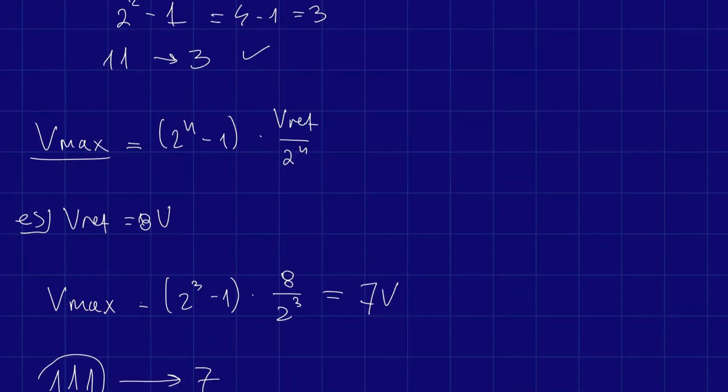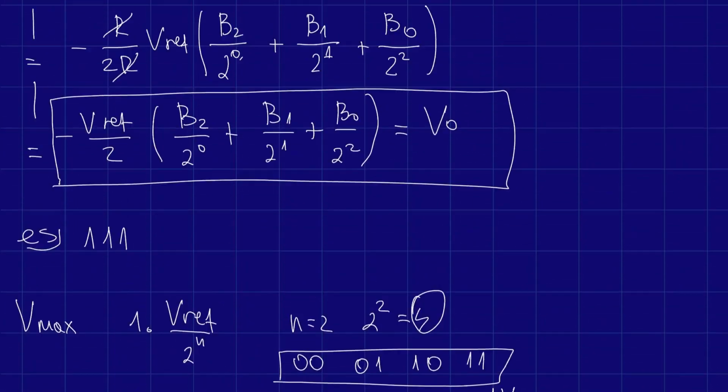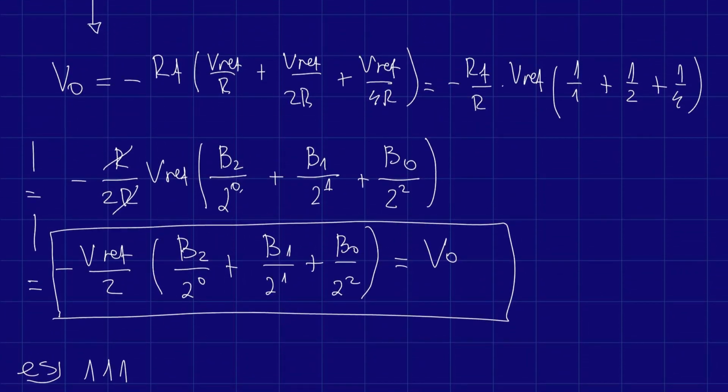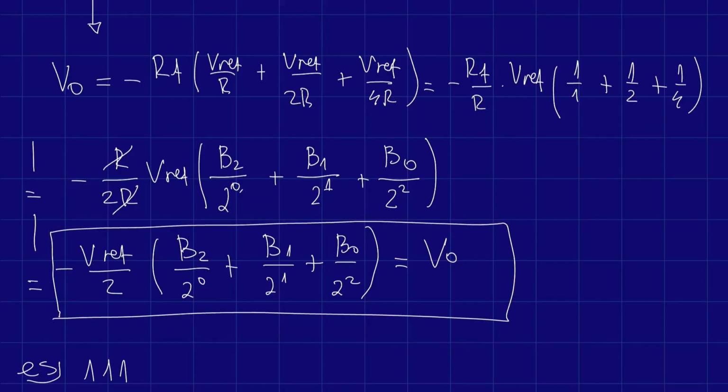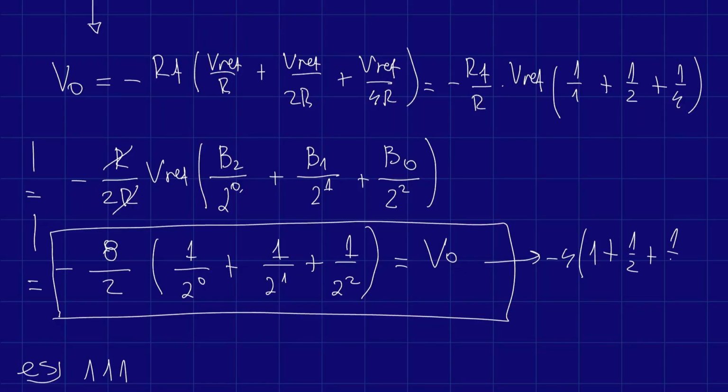But now, this was just the reasoning for the maximum voltage. Now we need to substitute in the formula that we just wrote right here. So we are saying that we have an input of 111, okay? And we have a reference voltage of 8 volts, and we want to see what the output would be, which in this case is minus 4 multiplied by 1 divided by 1, plus 1 divided by 2, plus 1 divided by 4.